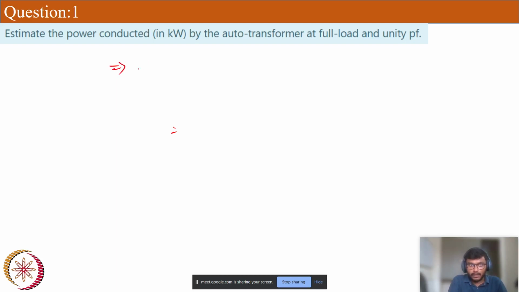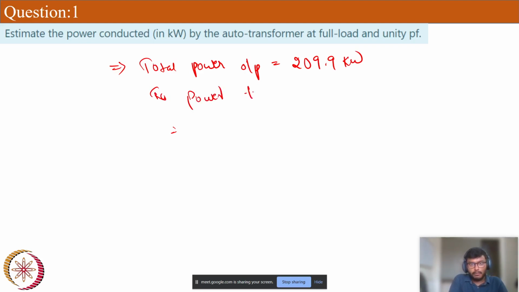Now my total power output is equal to 209.9 kilowatt, and my power transformed is around 9.99 kilowatt.